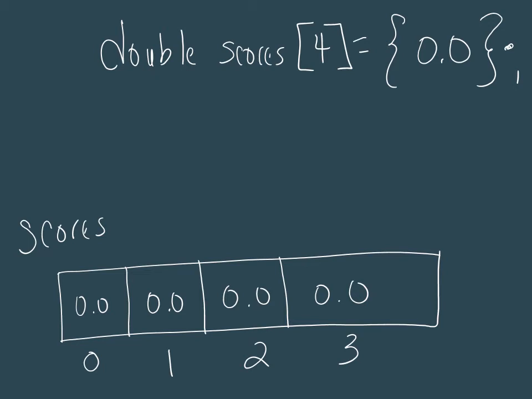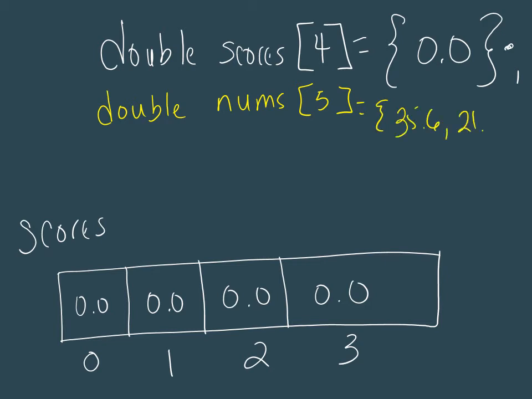The only other way you can assign values is you can declare it, and I could say, let's get a double nums size 5, and equals 35.6, 21.2, 14.8, 3.0, and 1.0.